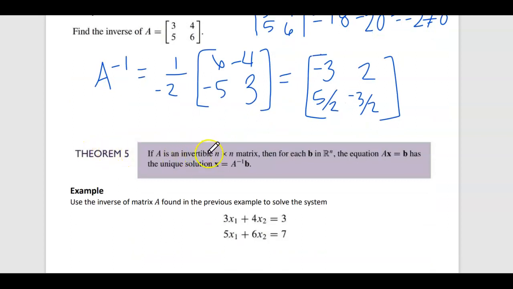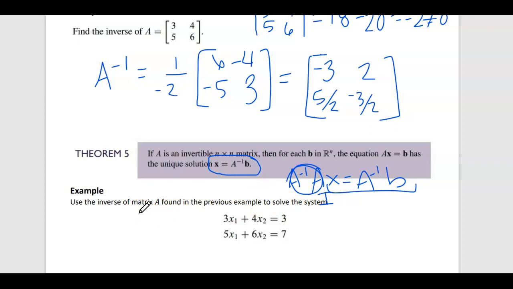All right, if A is invertible, n by n, so a square matrix, then for each B in Rn, we can take Ax equals B to be actually x equals the inverse of A times B. The reason that works is, again, if you take A inverse times Ax and apply that to both sides, A inverse times A cancel out, they get you the identity matrix, and that's why this works.